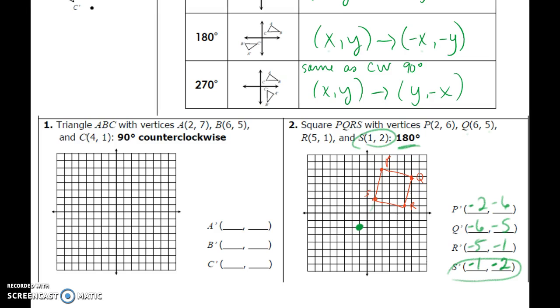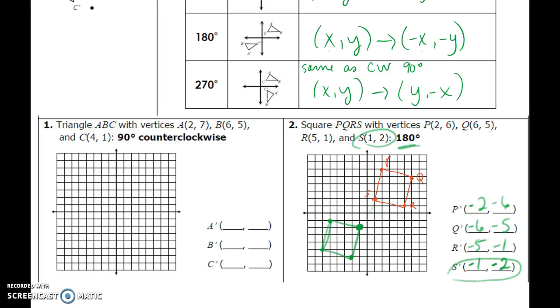And I'm going to draw them and see if it looks right. -2, 1, 2, 3, 4, 5, 6, good. -6, -5, 1, 2, 3, 4, 5, 6, 1, 2, 3, 4, 5. The hardest part here is just counting for me. I don't know, y'all may be better at that. Okay, and then what's left? -5, -1, 1, 2, 3, 4, 5. Okay, great. And there is our square.